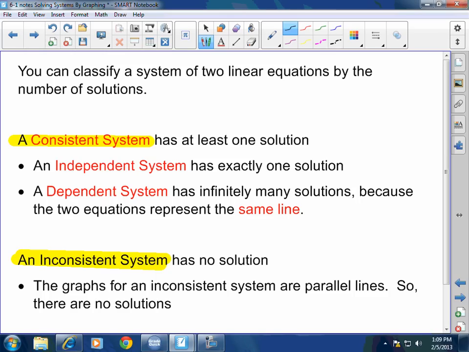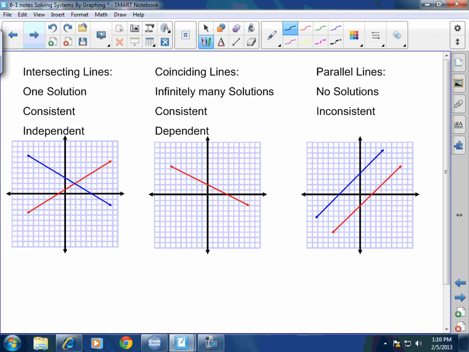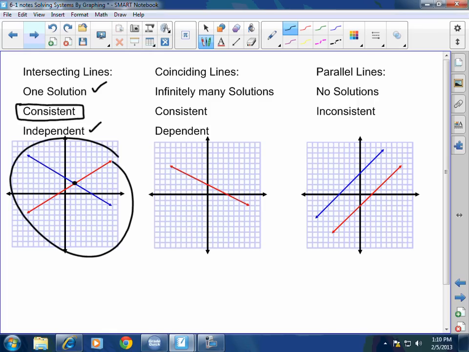Let's look at this graphically. How does this look as far as a graph goes? Well, if you have intersecting lines, you're going to have the main category of a consistent system. They're going to have one solution, which is independent. Or, under the same category, consistent, that means there's at least one solution.